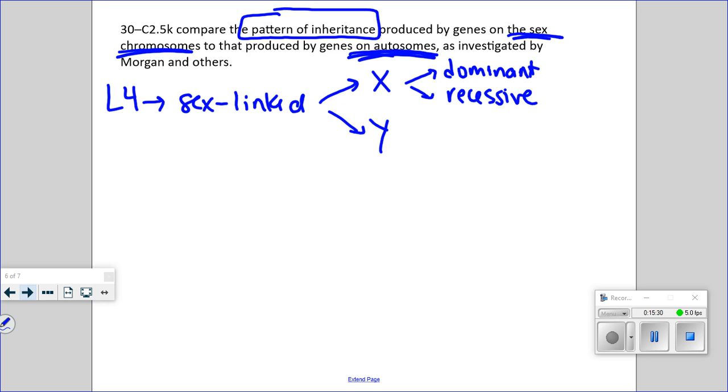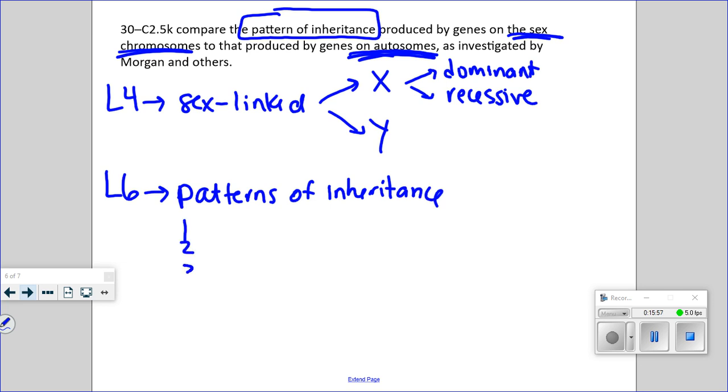Okay, so you should be able to do Punnett squares or predict outcomes, ratios, and percentages for traits that are sex-linked. Sometimes, like you've seen in questions, I will tell you this is an X-linked recessive trait, or an X-linked dominant trait, or a Y-linked trait, and I'll tell you that right up front. The other thing that you might need to be able to do is more what we did in lesson 6, where we really focused on the patterns of inheritance.